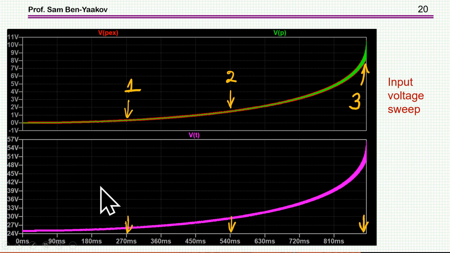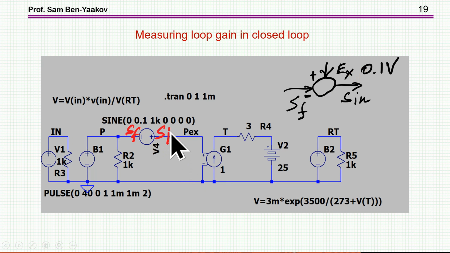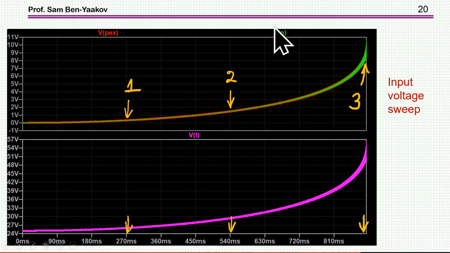So here is what happens during the time of running, as I've said. The voltage is going up, and what I see here superimposed is S_in, which I call the excitation, and S_F, which is the power coming back. Okay? So I see them one over the other, and then I see also the temperature.